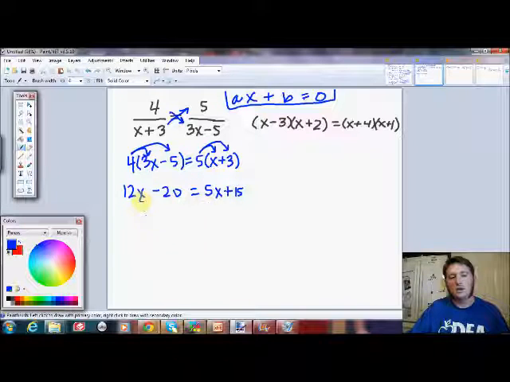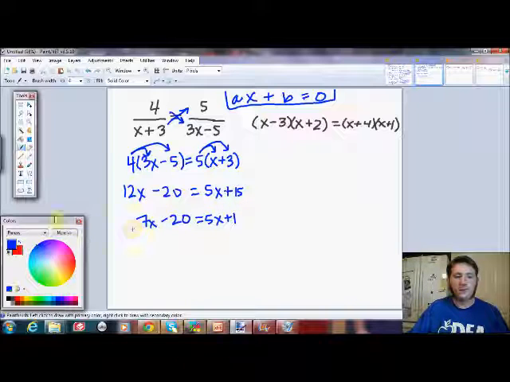Excuse me. We subtract 5x on both sides. Well, 12x minus 5x is 7x. Equals 5x plus 15.